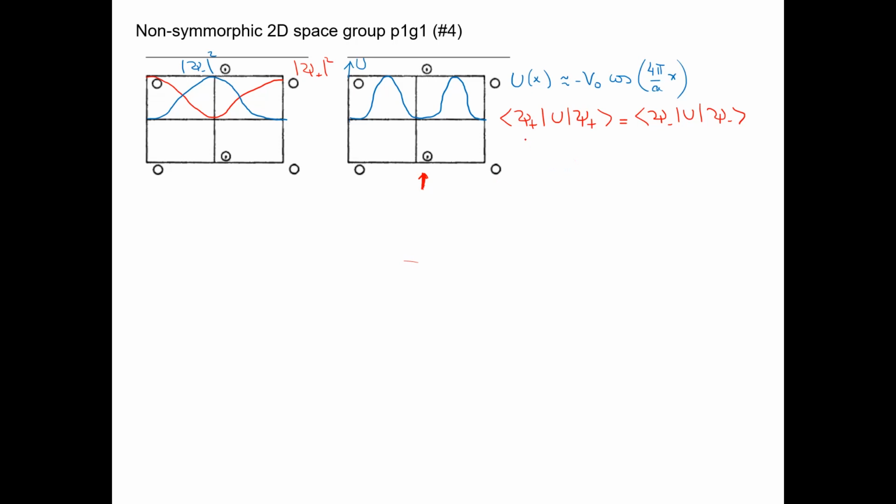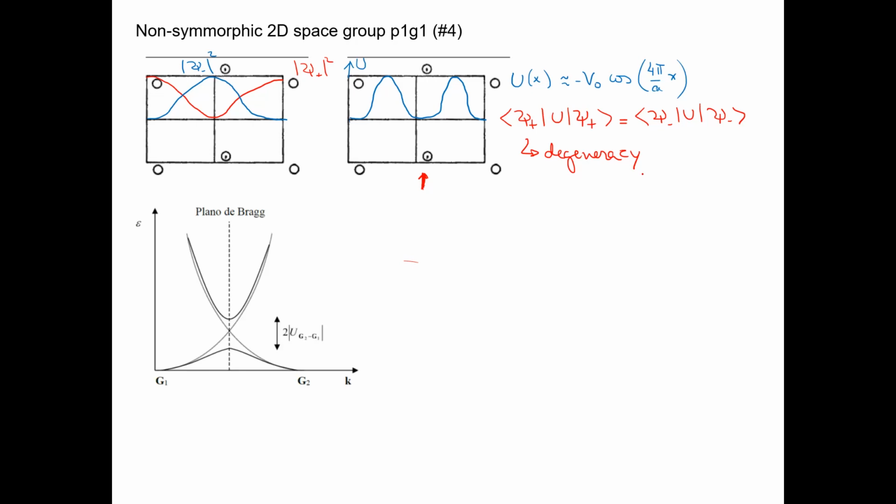So in this case, there is a degeneracy, and the bands then stick together at the x point. There's another way to understand that, as we discussed last time, which is, if you remember, the description of the band structure in terms of the nearly free electron model. So in our particular case, this should be the gamma point. This should be 2 pi over a. This should be kx. And this is the x point, right?